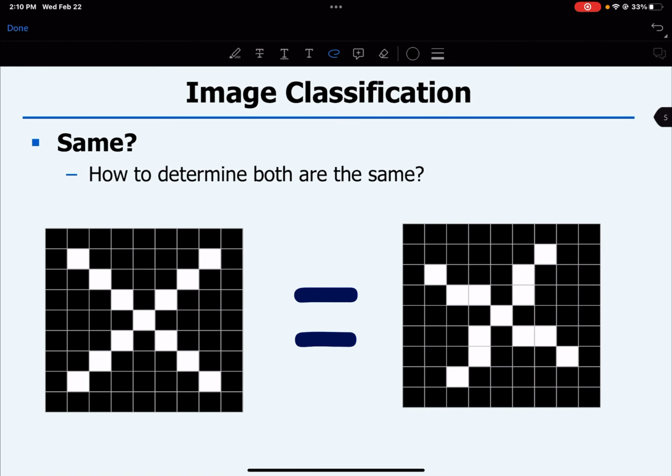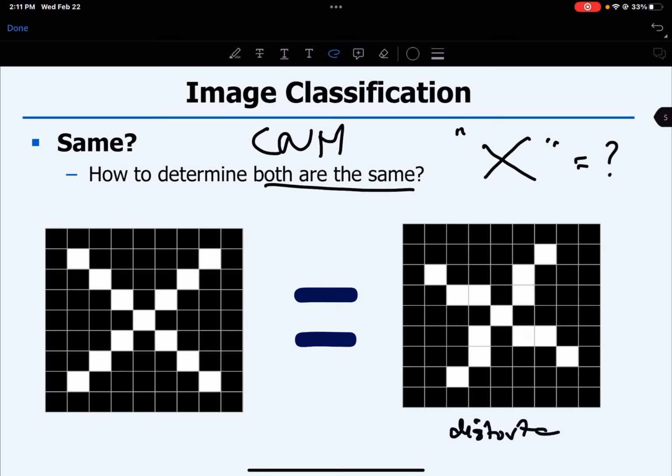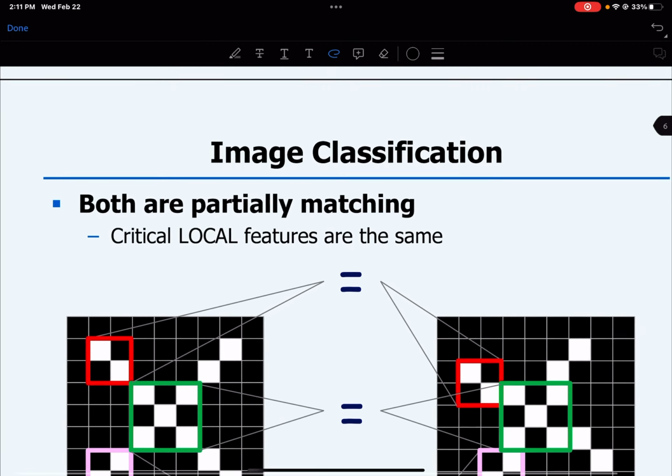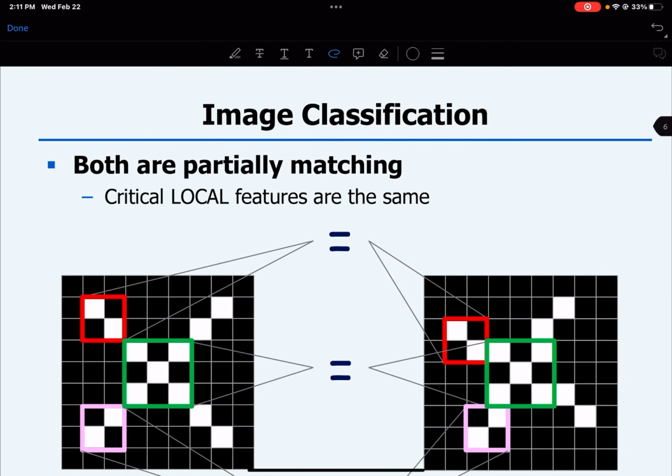So how can we determine that both of them are basically X? For the machine learning CNN network, how can we determine that they are both the same? This is a distorted image of the original image, and we have to determine that both of them are equal. So what we can do in our CNN algorithm is find a partial matching.